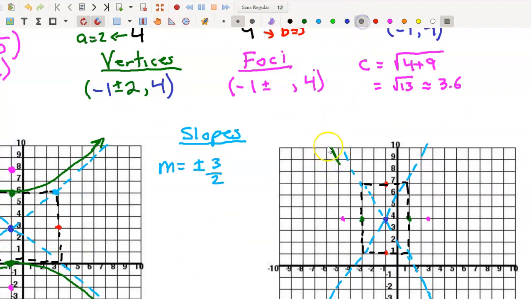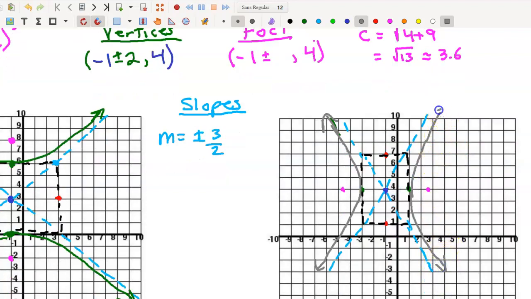Right, so now we can get our graph on there, going through our vertices that are on the left and right hand side. There we go. Perfect.